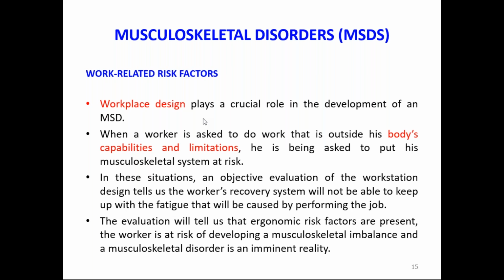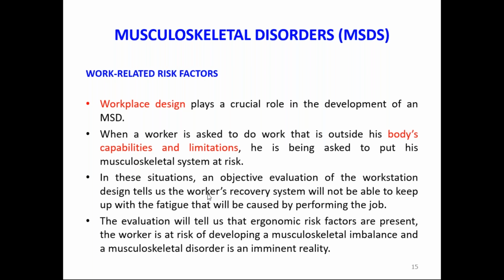When a worker is asked to do work that is outside the body's capabilities and limitations, he may develop musculoskeletal problems. Sometimes people complain about the body's capabilities and limitations, saying I can't work more than 4 hours continuously on the laptop or desktop, maybe due to age, maybe due to the distance between the laptop and your eyes, maybe due to the wrong gesture and wrong practices adopted by that person. Whatever the issue, if the body's capabilities and limitations are exceeded, then we have to shift the work, shift the working style, or adopt some other workplace design or workstation.